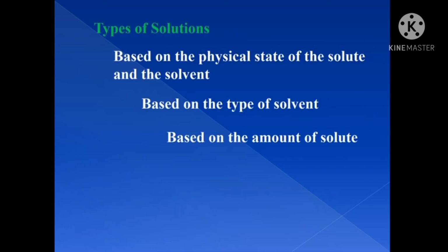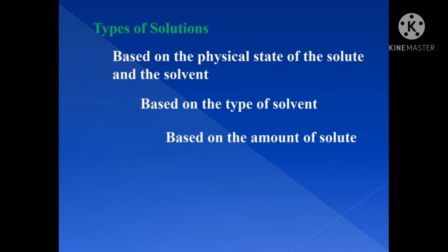Now we are going to discuss a new topic, that is types of solution. Solutions are classified depending upon their nature into three types. First one is based on the physical state of the solute and the solvent. Second one is based on the type of solvent. Third one is based on the amount of solute present in the solution.